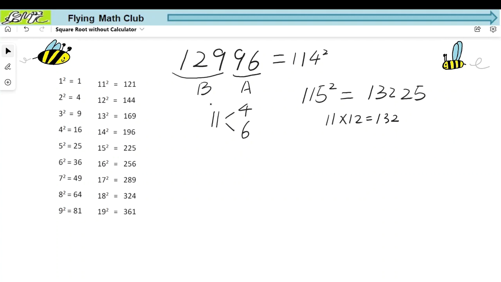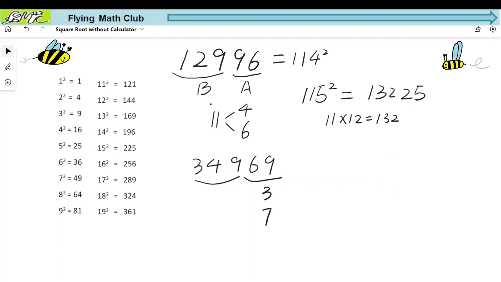Let's try another bigger 5-digit number. 34,969. So two parts. Part A, the last digit number is 9. So the possible digit number is 3 or 7.